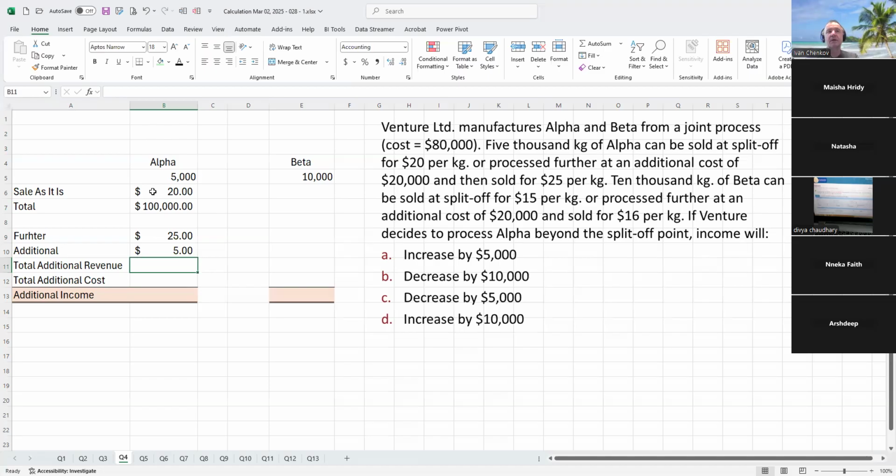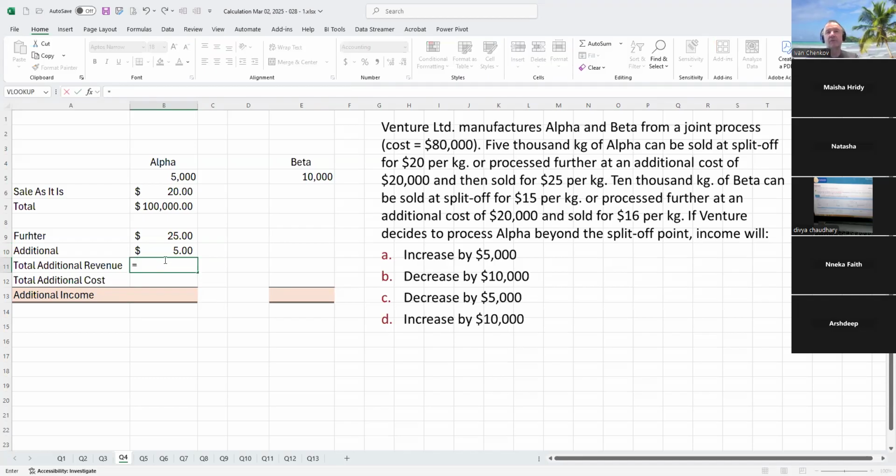Sorry, how much is the total additional revenue here? So watch this. We sell it at $20 as is. If we move forward, we can sell it for 25. So $5 is additional. But how much in total?